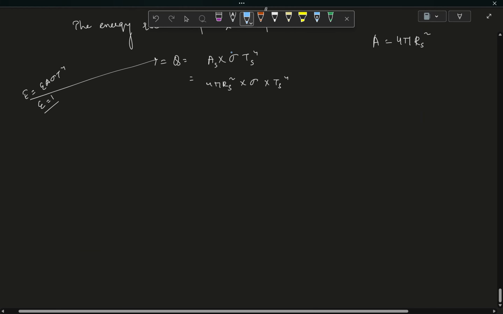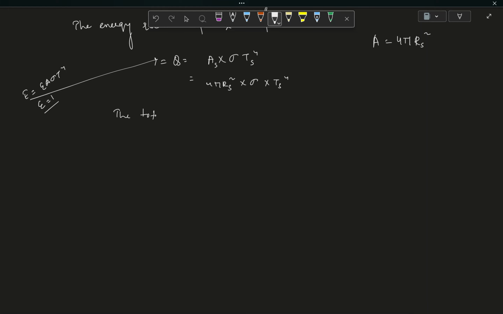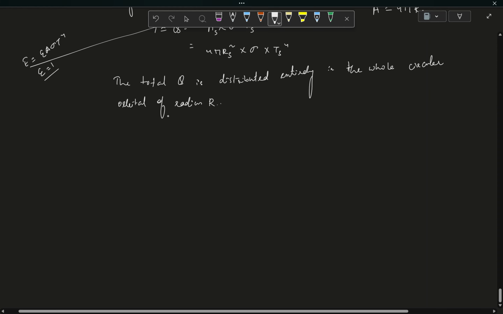So basically if you think of it like that, the total Q is distributed entirely in the whole circular orbital of radius r, which is the radius of the circular orbital.